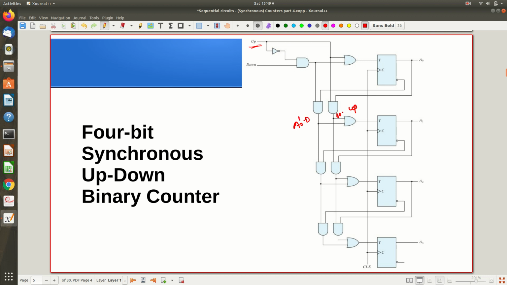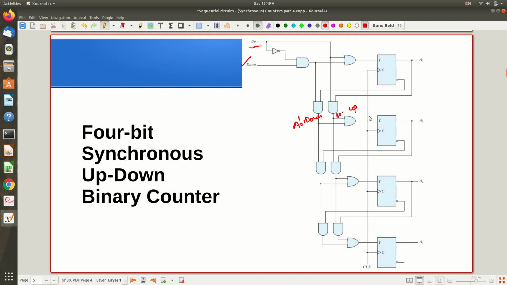The down control line being equal to 1 says that I want to count down, and the toggling of that particular next bit will happen only if all the lower order bits are 0 in case of down counting. In up counting, the lower order bits must be 1. That is why I take the complement, so that when the lower order bits are 0, the complement gives me a 1.